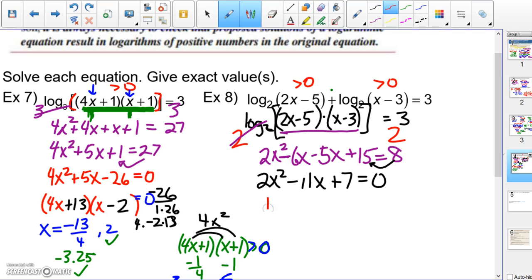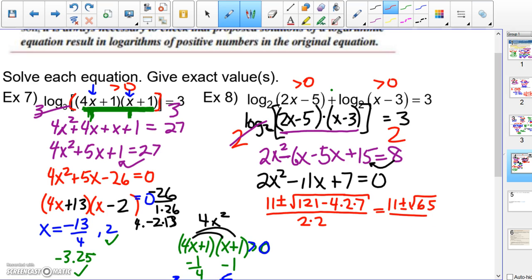Opposite of b, plus or minus the square root of b squared, that's going to be 121, minus 4 times a times c, all over 2 times a. So if we clean that up inside the radical, you're going to get 11 plus or minus the square root of 65 over 4.